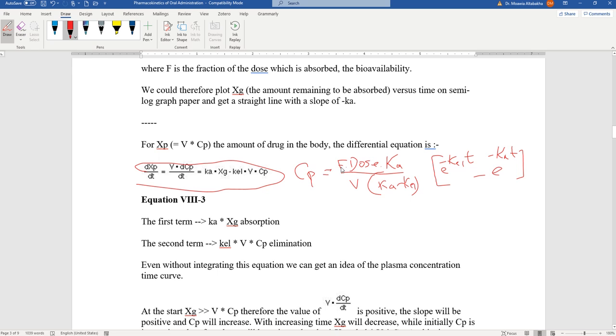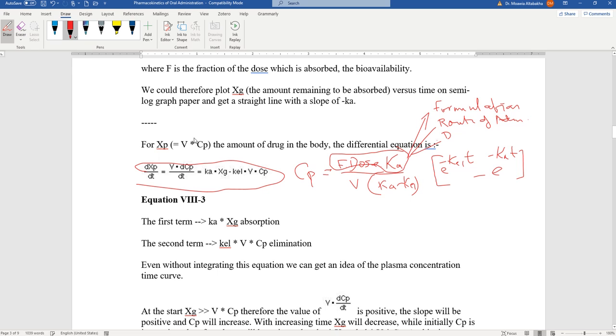If we look here, F times dose times KA, we take them together: the bioavailable fraction times the dose times the rate of absorption constant. We find that this depends on what? Look, it depends on the formulation, right? It depends on what else? Route of administration. What else?